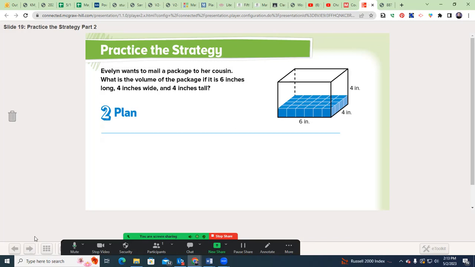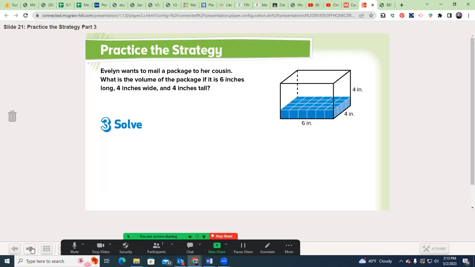Now practicing the strategy. Welcome back if you had to pause the video. Our plan is, you know this one: you're going to make a model. Maybe you just write by making a model. So you might want to pause the video to write that in and unpause it when you're ready. Welcome back. Now we're going to solve it.